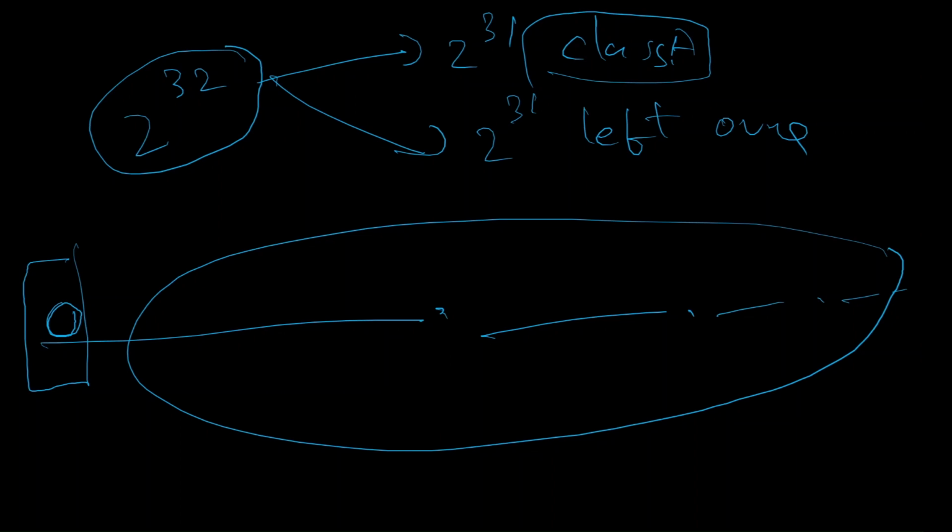So the class A range I have explained to you is 0.0.0.0 to 127.255.255.255. I'll draw and explain. 0 followed by 7 bits, dot, dot, dot.